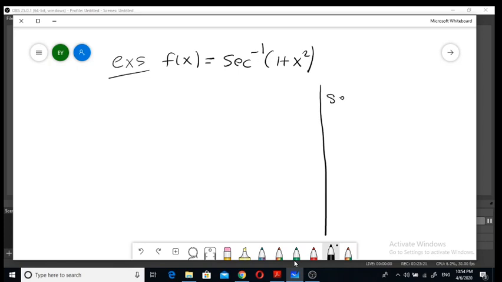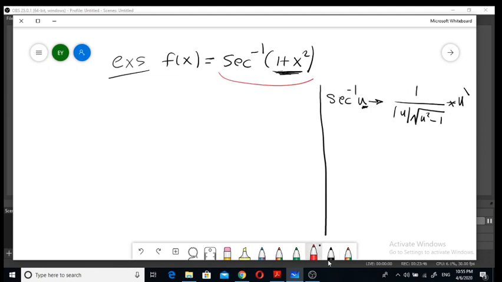And we know that the first derivative of sec inverse u with respect to x will be 1 over the absolute value of u times square root of u squared minus 1 times u prime, the first derivative of the inside function, because we have a composite function.